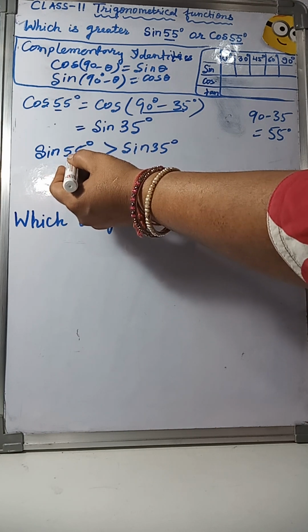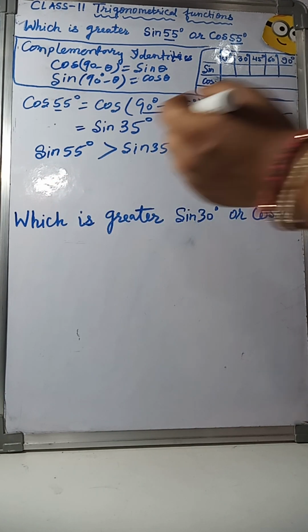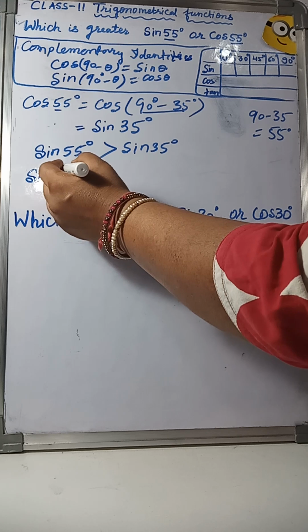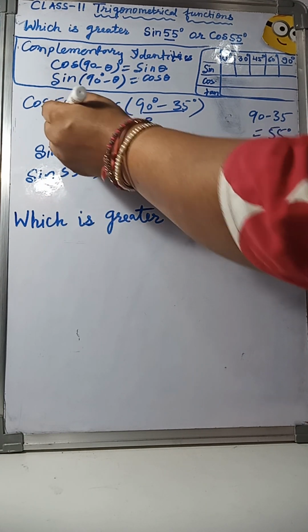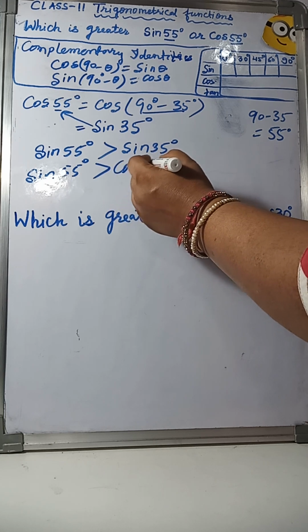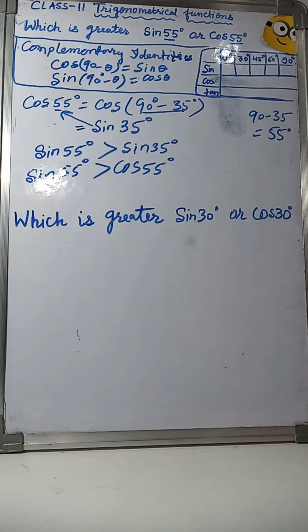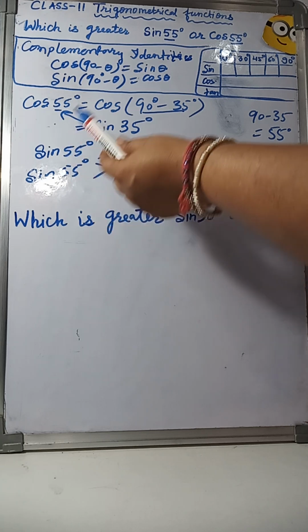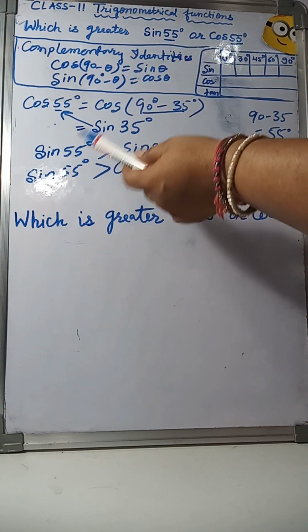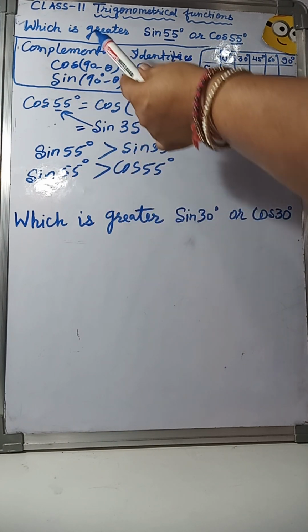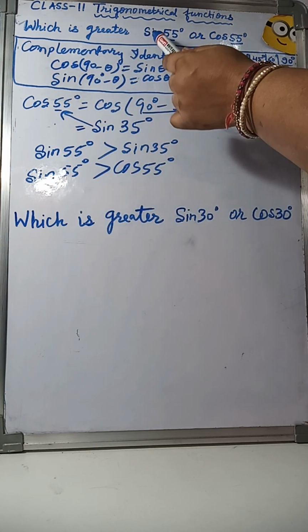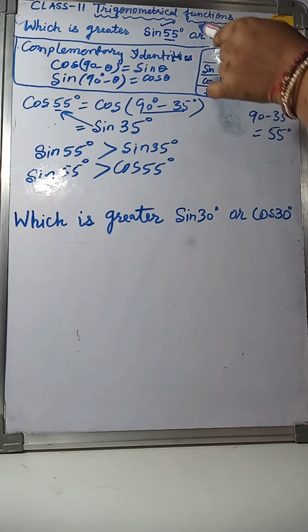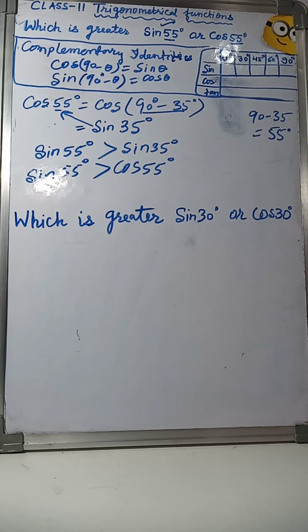Easily we can say that 55 is greater than 35, so sine 55 degree is greater than sine 35, and sine 35 is equal to cos 55 degree. So in this way, using complementary identities, we can compare this type of angles. So here sine 55 is greater than cos 55. In this method you can prove.